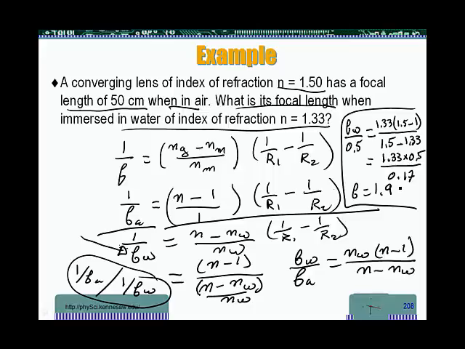So our f is 1.96 meters. You see, it's a much larger focal length because the lens does not focus as well. That's f water, by the way.